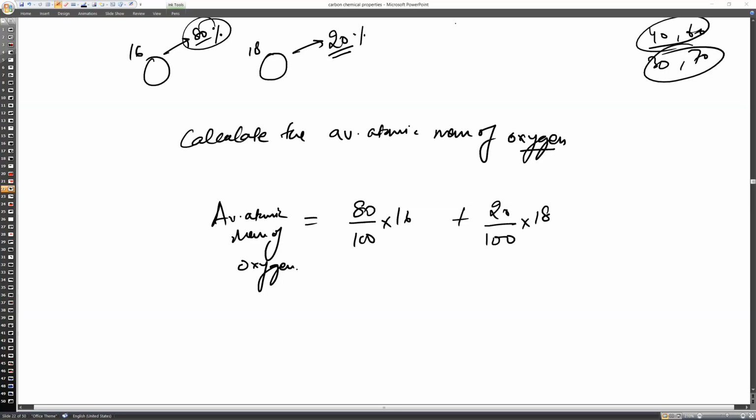Sir, is it 15? How will it be 15? It will be between 16 and 18.